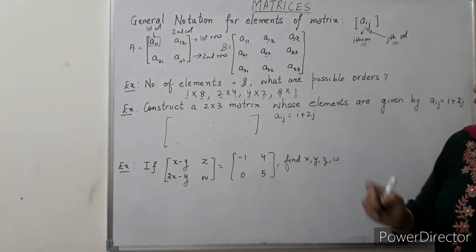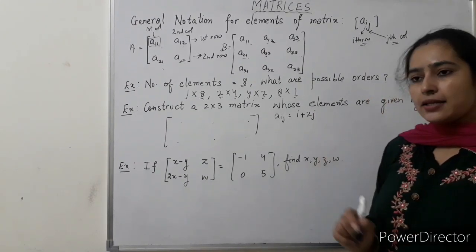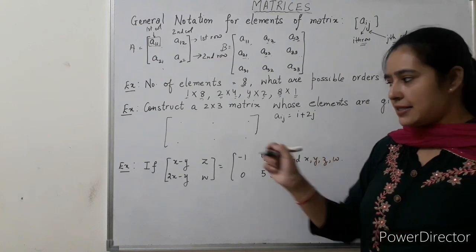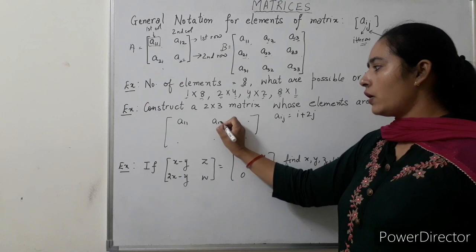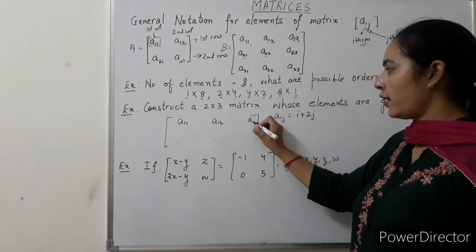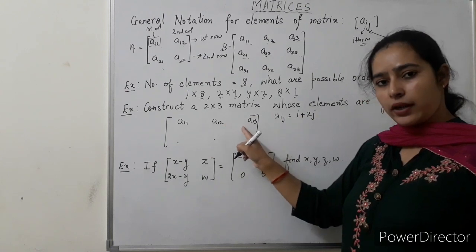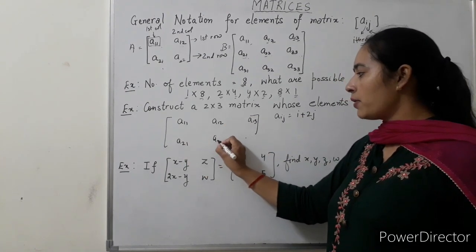Now you have to first of all write the elements in symbolic form to make your answer easy. Write it as A11, this is A12, this is A13, first row and column number is varying. Again second row and column number is varying, like this.